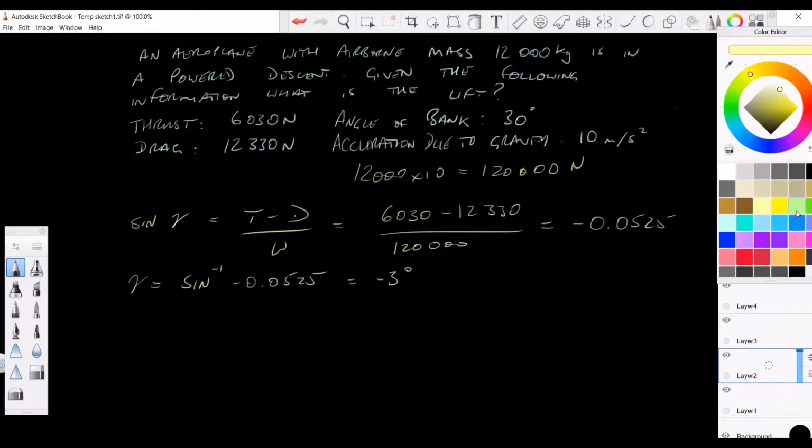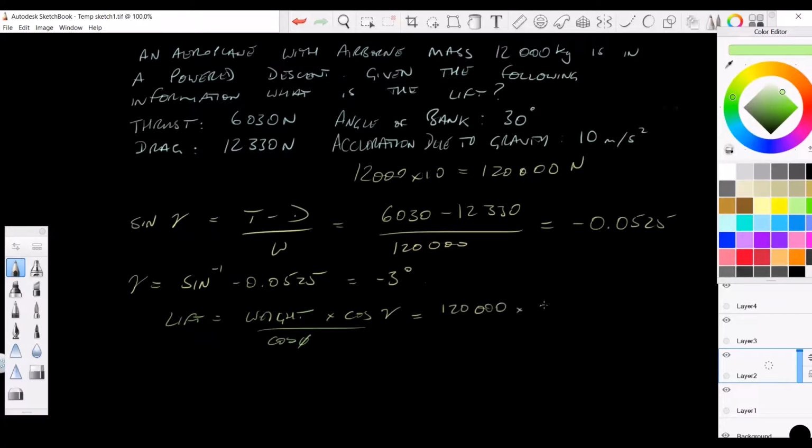So let's go back to our overall equation where lift equals weight multiplied by cos gamma and divided by cos of phi. Our weight is 120,000 newtons. We've already worked that out.